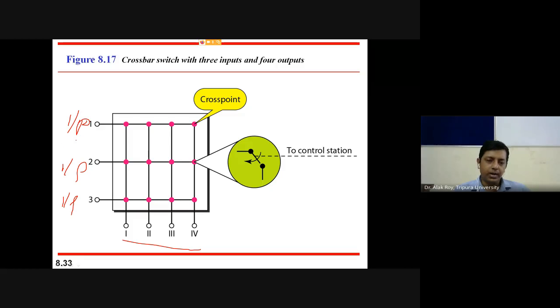Whenever you press a button, you are trying to connect the column with the row. Like whenever you press this point A, try to understand, 3 lines in rows and 4 lines in columns. That is in layer 1.